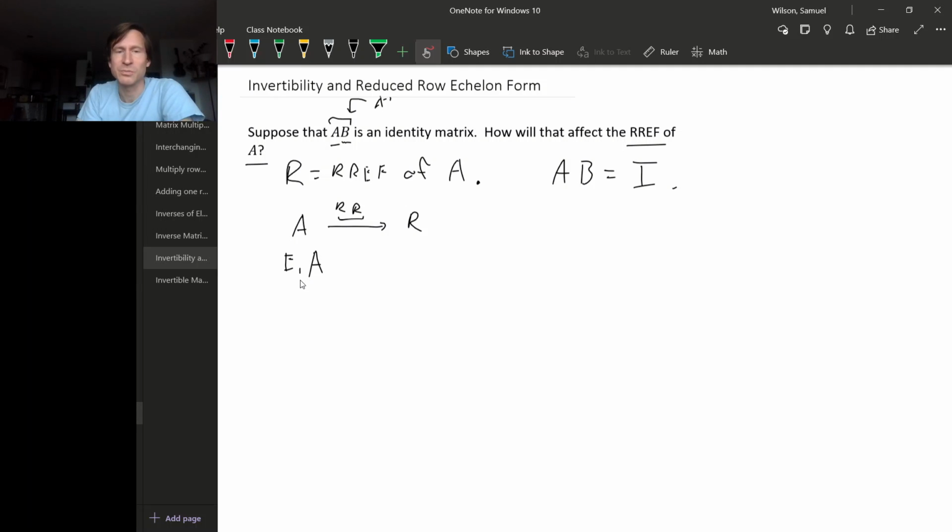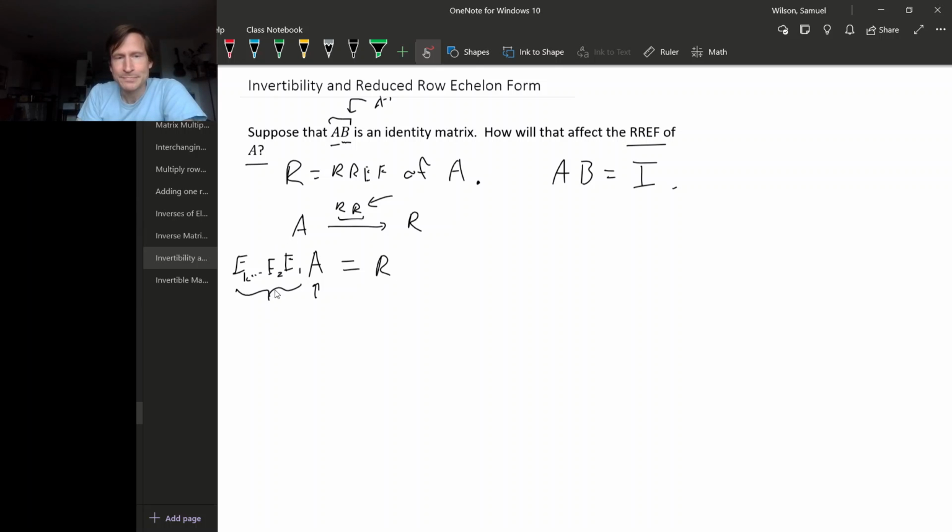So maybe the first row operation is a matrix E1, and then a matrix E2, and so on, up to maybe k row operations that you have to do to get the reduced row echelon form of A. So this gives us R, because we started with A and did all the appropriate row operations to execute this row reduction. So the result is R.